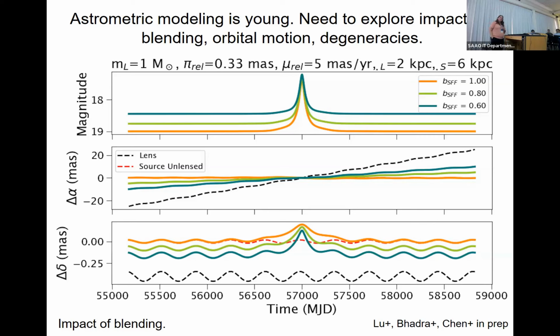And then finally, the last thing is you can actually have blending increase the astrometric microlensing signal. Look at the blue curve in particular. So the event is going along and then it shows a very large excursion, even though this is a one solar mass object. That excursion is because it was a low u0 event, a high magnification event.